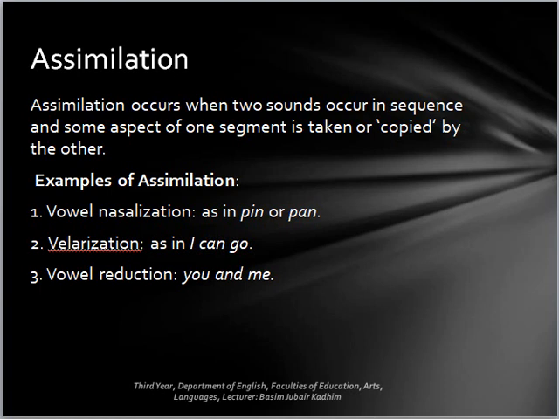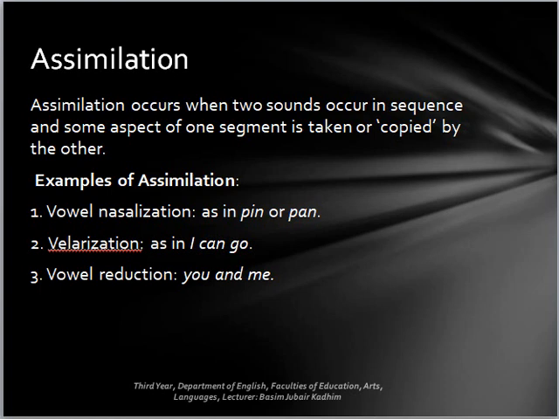Assimilation, again, is a co-articulation process which occurs when two sounds occur in sequence and some aspect of one segment is taken or copied by the other. So one or more aspects of one segment, one sound or one phoneme, are taken by the following or the other sound.